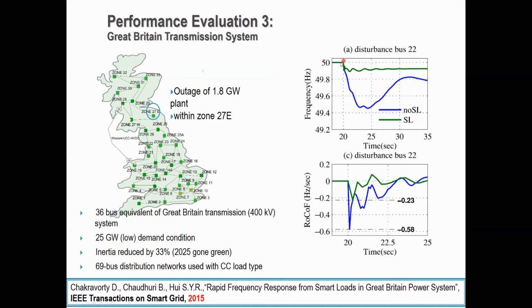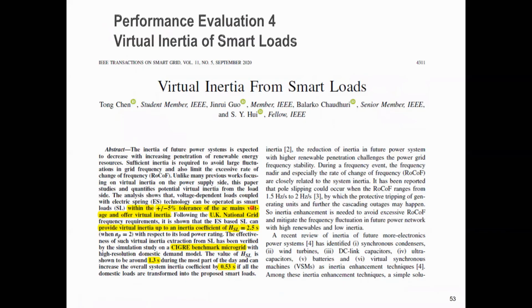But if we use the electric spring, we can significantly reduce the frequency fluctuation, and at the same time, significantly reduce the rate of change of the frequency, like this. We can even quantify the amount of virtual inertia of the non-critical load. Now, in a paper which will appear next month in the IEEE Transactions on Smart Grid, we provide these results.